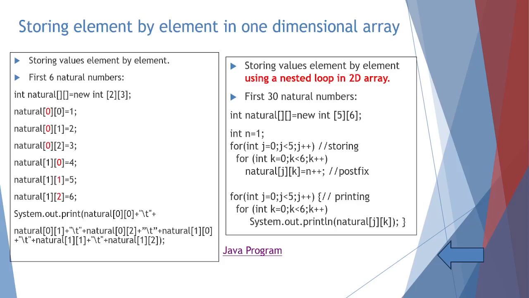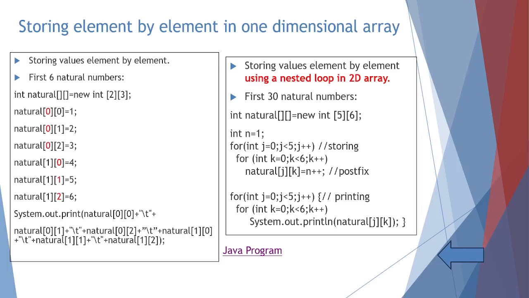n is 1 initialized, nested for loop, int j equals 0, j less than 5, that is number of rows, 0 to 4, j plus plus, and for int k equals 0, k less than 6, total 6 elements, 0 to 5. In a nested loop, we know that for each iteration of j, k works 6 times.